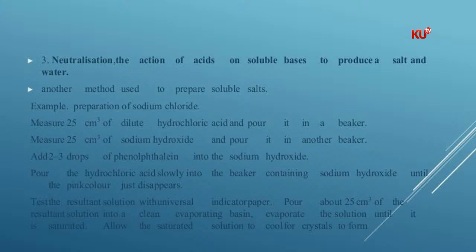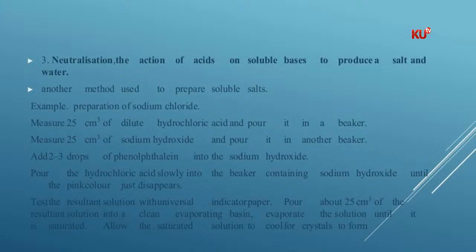When you use the universal indicator, the resulting solution will have a pH of 7, meaning that the solution formed is neutral. A neutral solution contains salt and water, and the reaction in which salt and water are formed is referred to as a neutralization reaction.